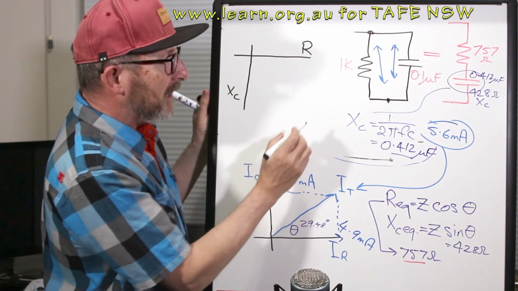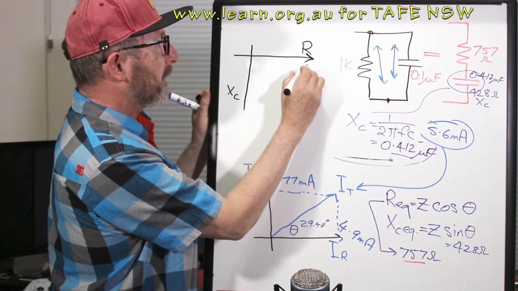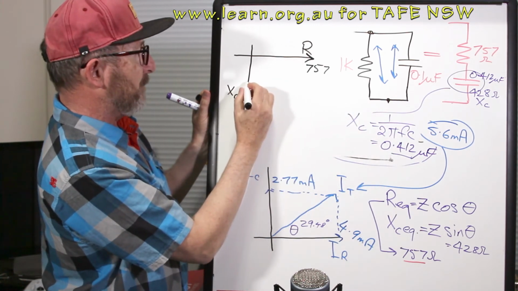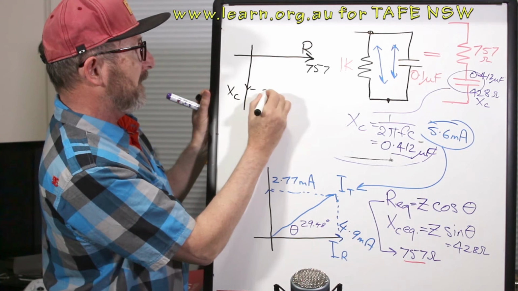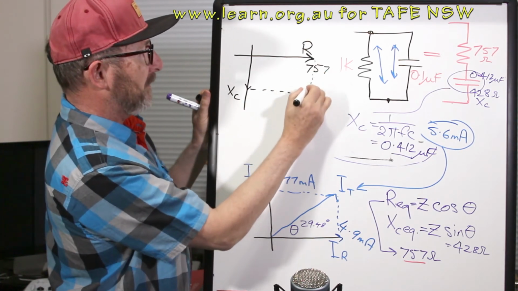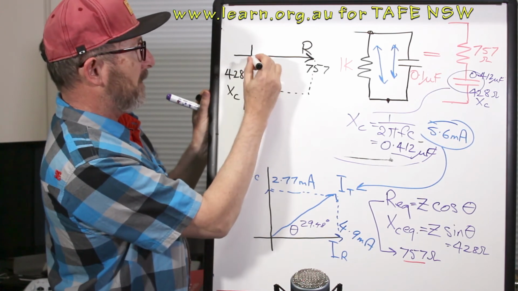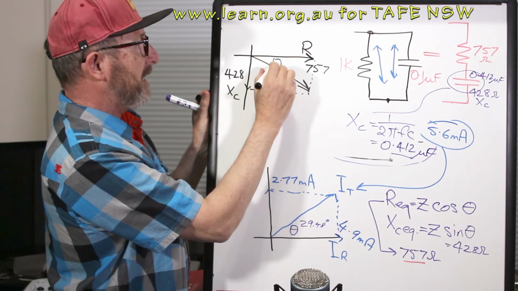So R, 757 ohms, R at XC at 428, it's going to be about there, dash, dash, dash, resultant over to there. There's theta.